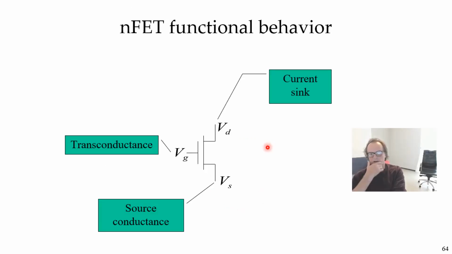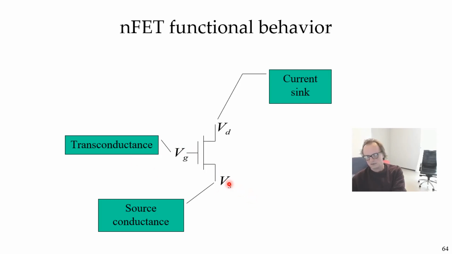The simplest way to look at these transistors, the N-FET and P-FET, in terms of their functional behavior, is to think about the gate as a kind of transconductance control on the transistor. A conductance is the change in current with voltage, and a transconductance is the change in the current through the transistor caused by the gate, which is a different terminal.